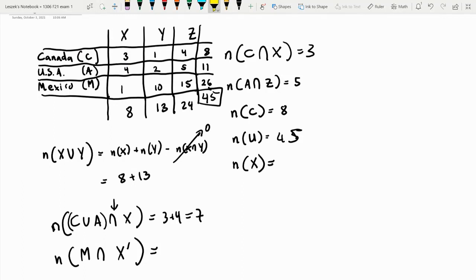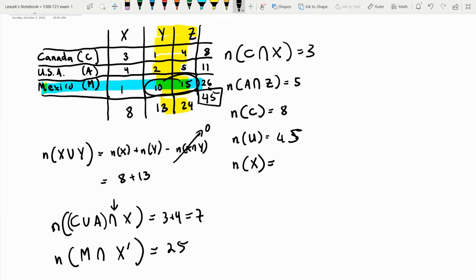So not X means that it's either Z or Y, intersected with the nationality here. The intersection is 10 plus 15 people, so 25 people. It's everything but X in Mexico's row.